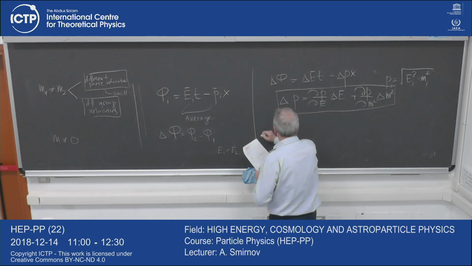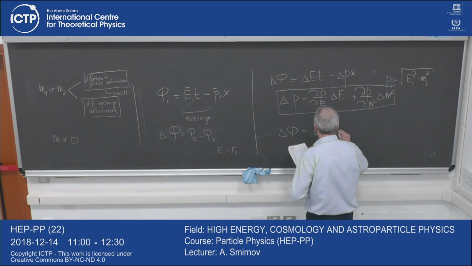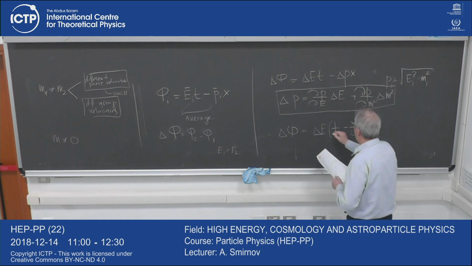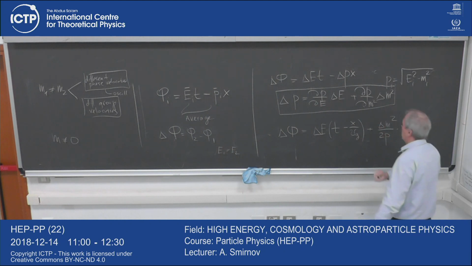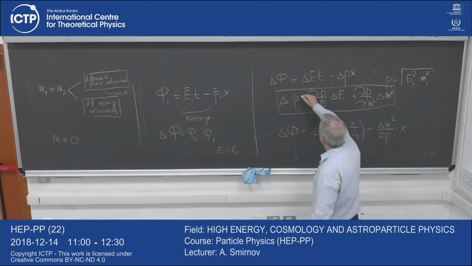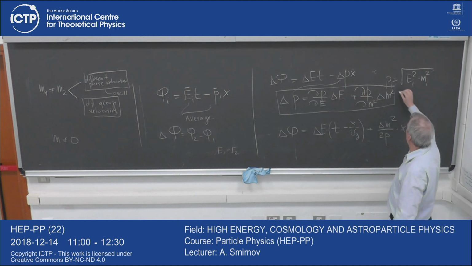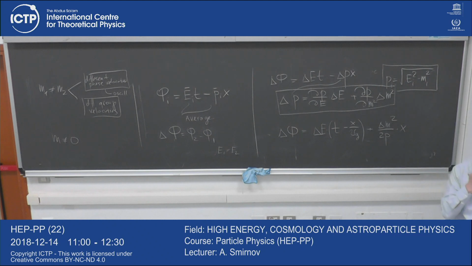And now what I get is that the phase difference equals delta E multiplied by (T minus X over V group) plus delta m squared over 2P multiplied by X. So this is what I get if I insert delta P here, computing it using this expression for the momentum as a function of energy and mass squared. Okay?